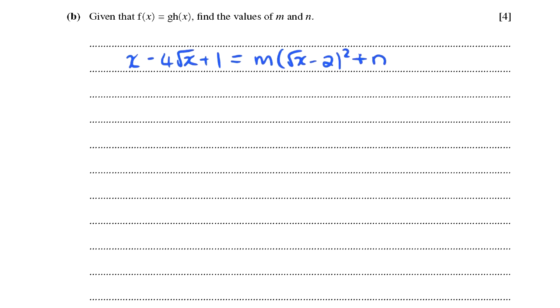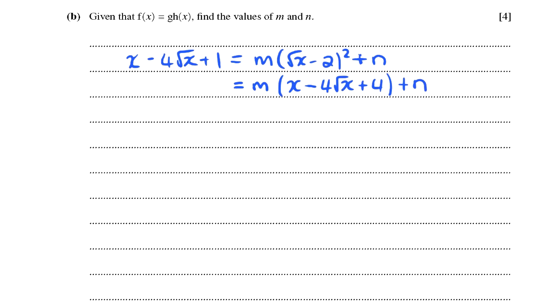Well, let's expand the brackets. A plus b squared is a squared, so that's just going to be x plus 2ab, minus 4 root x, plus b squared, plus 4, plus n.